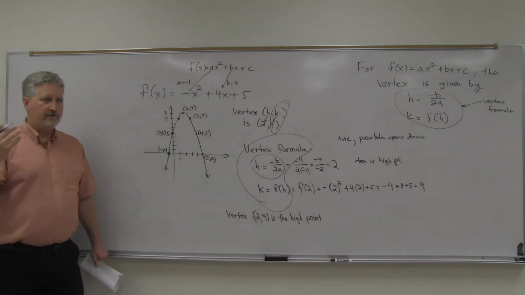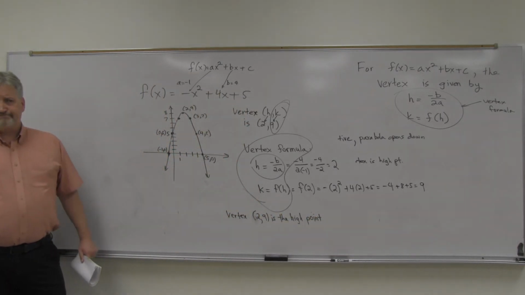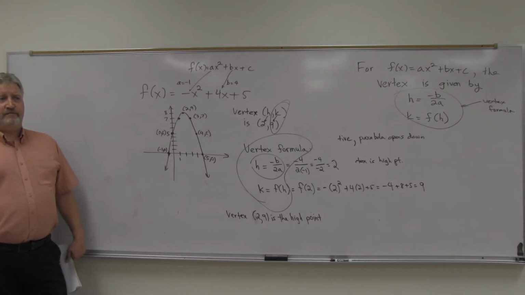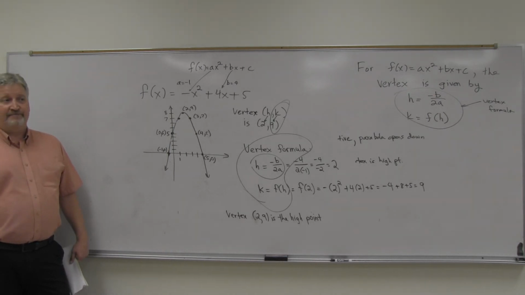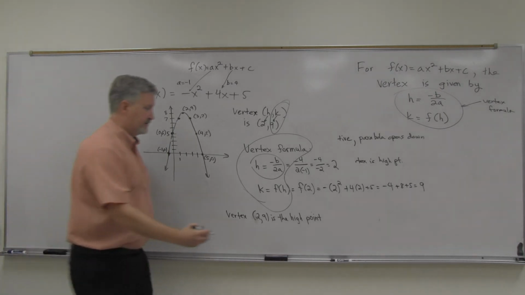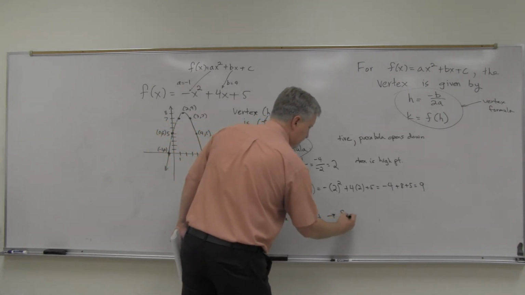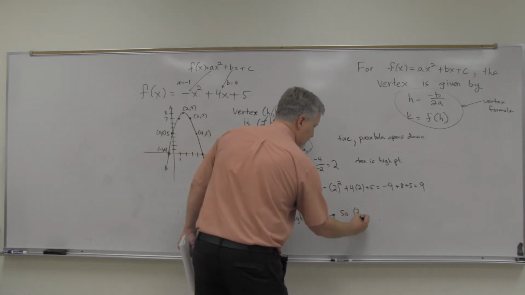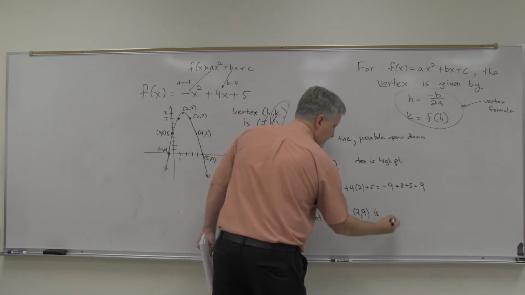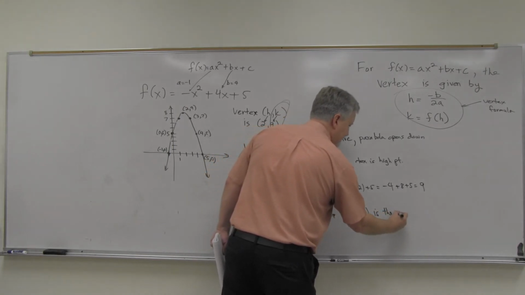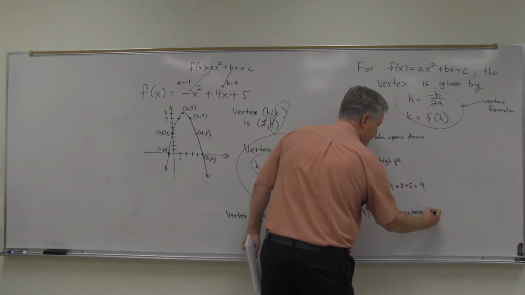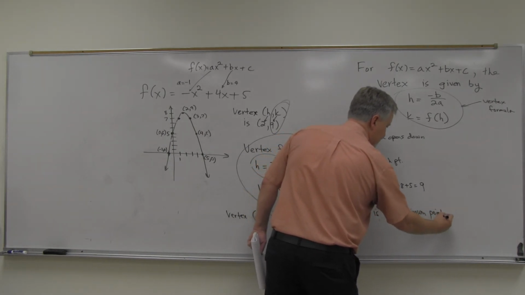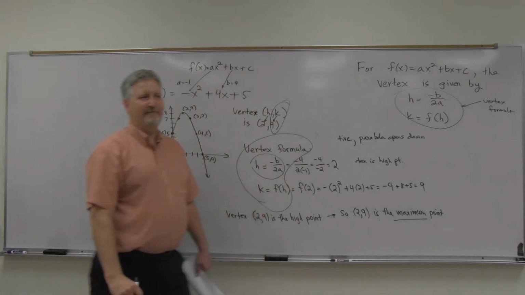The other step we're going to take is to note that if it's a high point, that's going to be a maximum. Call it the maximum. We'll talk about what maximum means in a second.